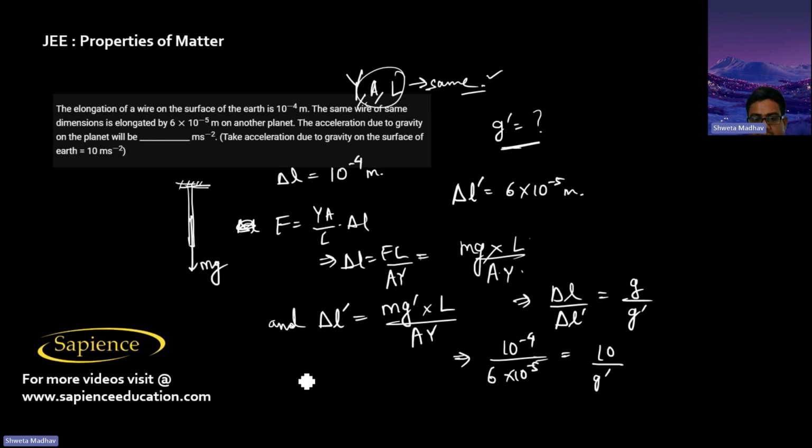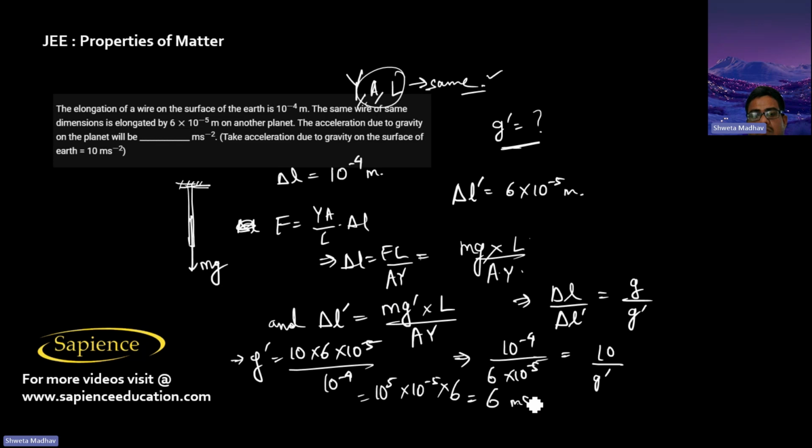So g dash will be equal to 10 into 6 into 10 power minus 5 divided by 10 power minus 4, which is equal to 6. So it will be 6 meter per second square, the required acceleration due to gravity on that planet. So 6 is the answer.